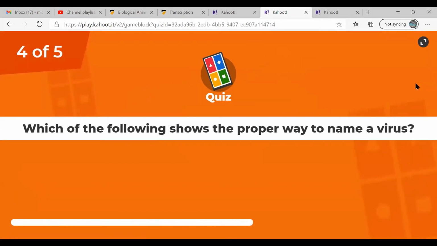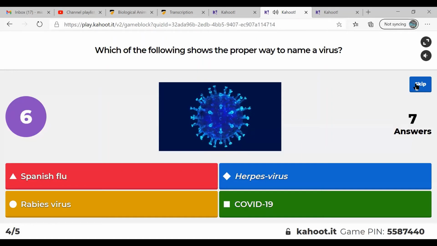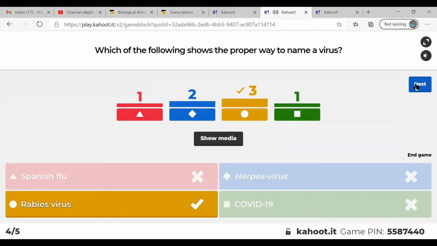Number 4, which of the following ways shows the proper way to name a virus? Okay, that one was a little more difficult.